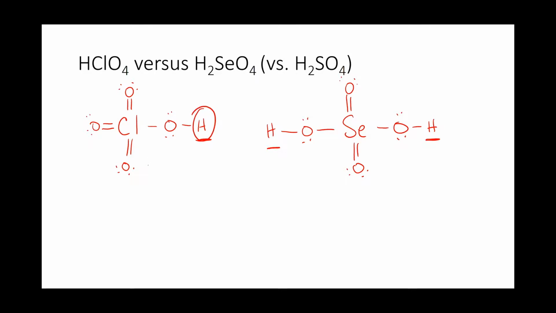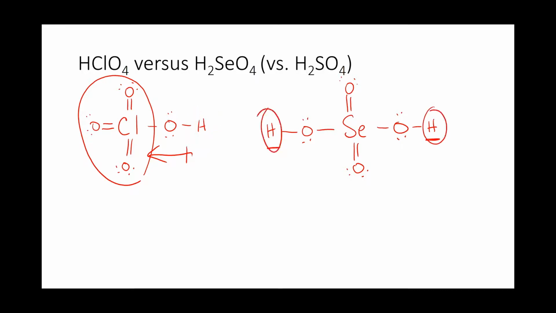But what that ends up meaning is that there are three oxygen atoms over here that don't have their own proton. And so they're pulling all that electron density away from this hydrogen atom to turn it into that partial positive so that it can be donated. If we look over here in the selenium-containing one, there are two protons that can be donated, but in each case we're only left with these two oxygen atoms that are helping to pull toward the center of the molecule.